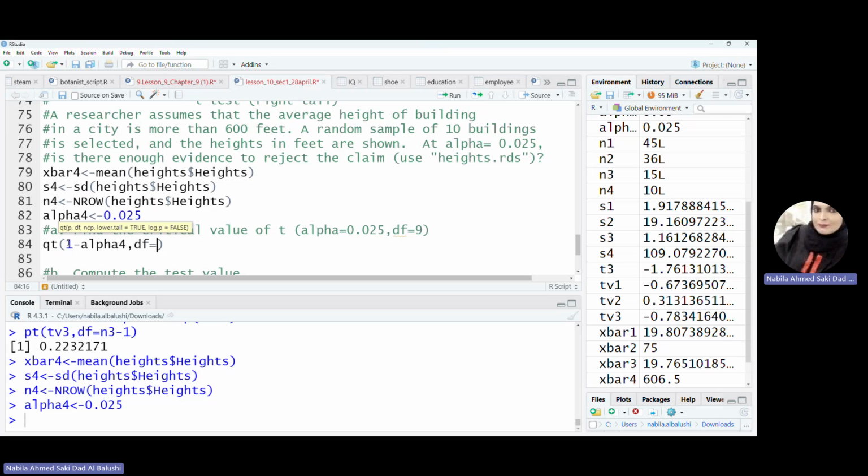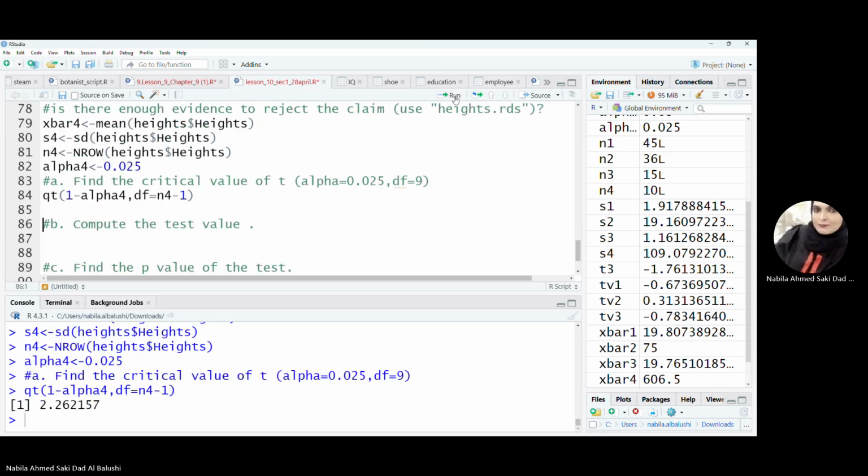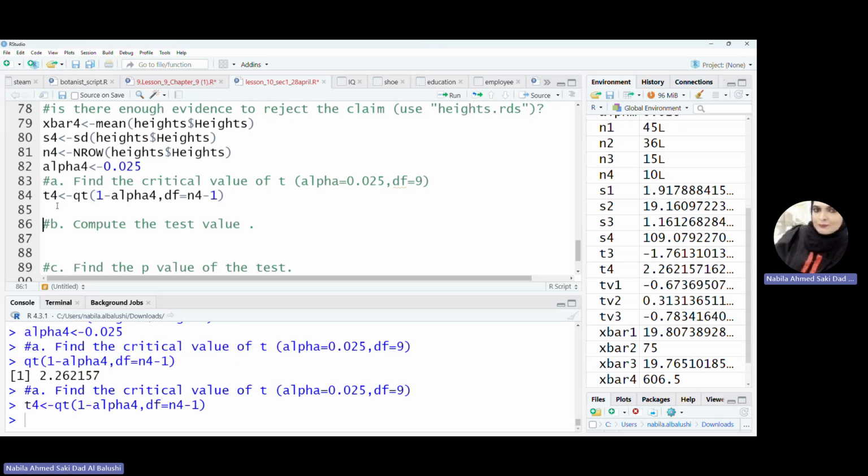Degrees of freedom will be the sample size minus 1. If you want to save your critical value in the environment, you can name it T4. It's saved in the environment.